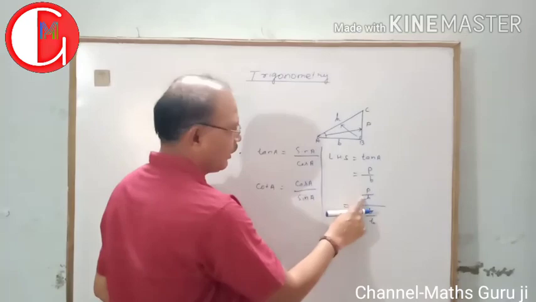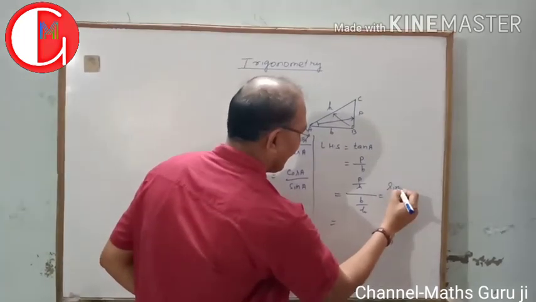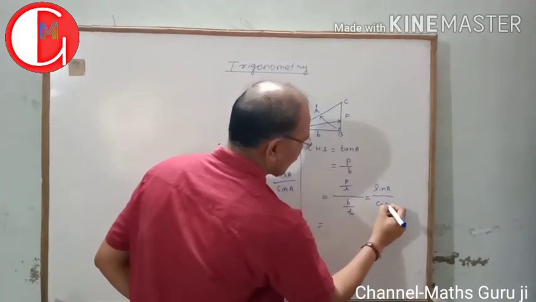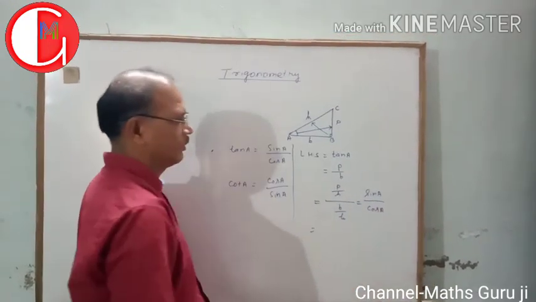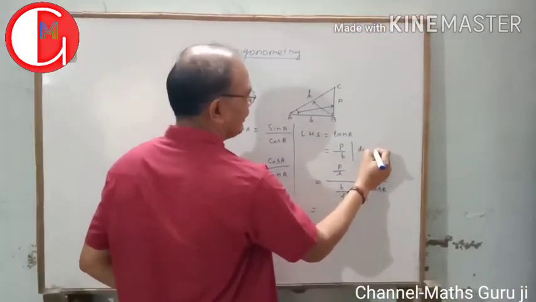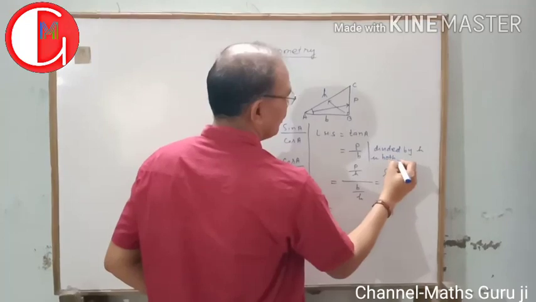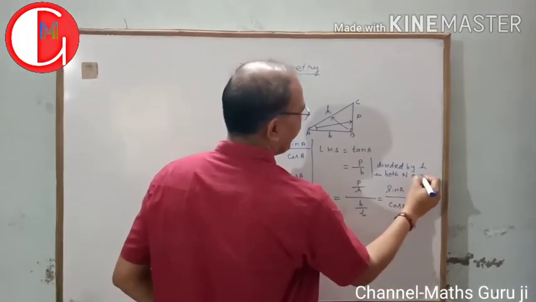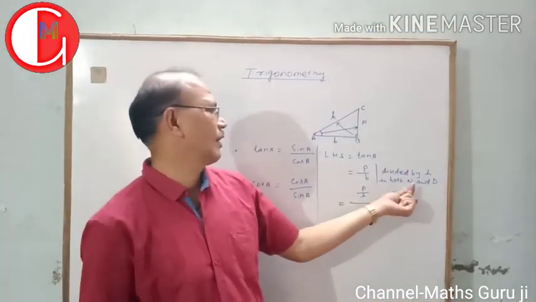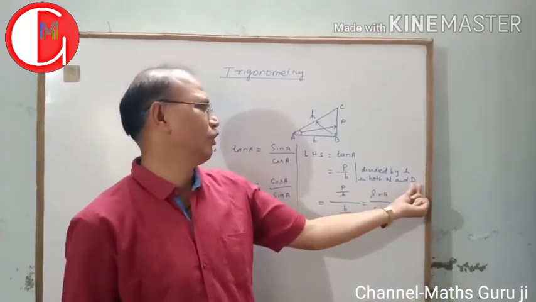So this becomes P by H. P by H means sin A, and B by H यानी cos A. In short, I wrote here capital N means numerator and capital D here denominator.